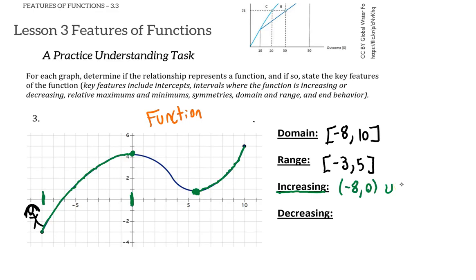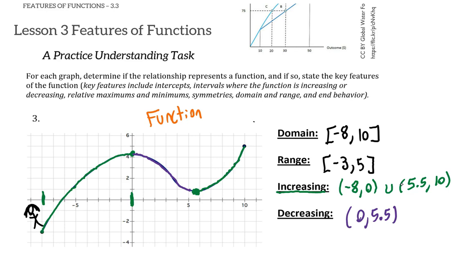I could describe that interval as being from 5.5 to 10, again talking about the x values. That means there's an interval of decreasing in between the two intervals of increasing, which would be from 0 to 5.5. Notice how those correspond with the end of the first increasing interval and the beginning of the second increasing interval, so everything on the domain is covered.